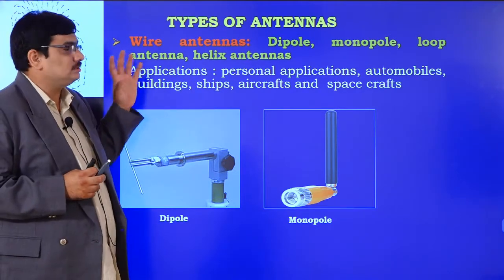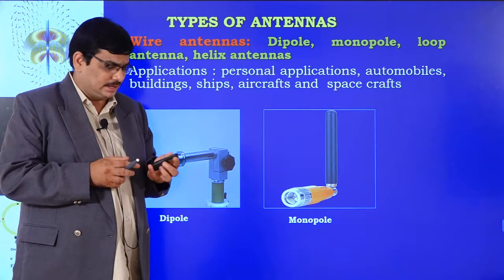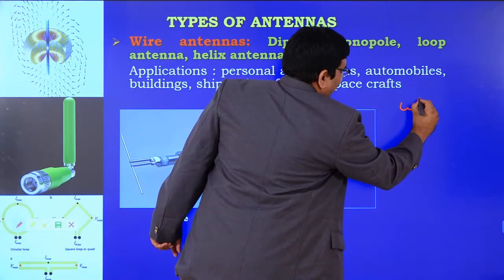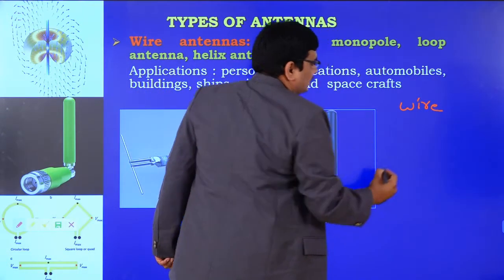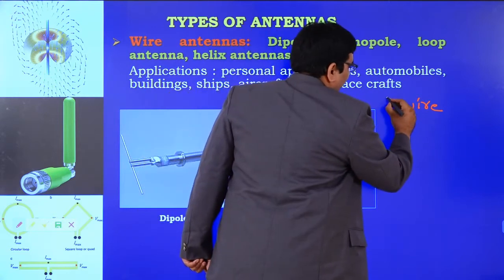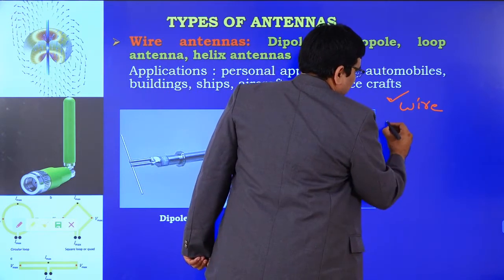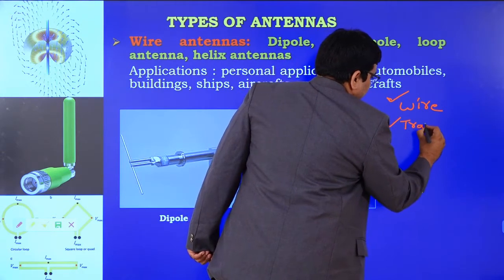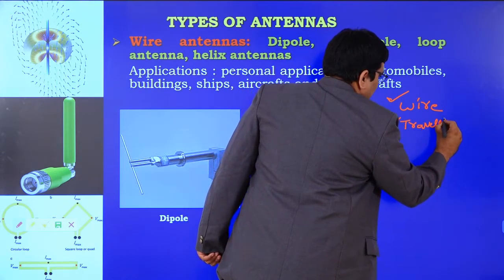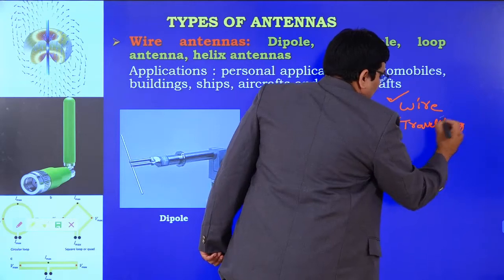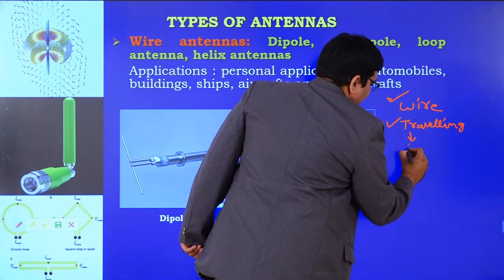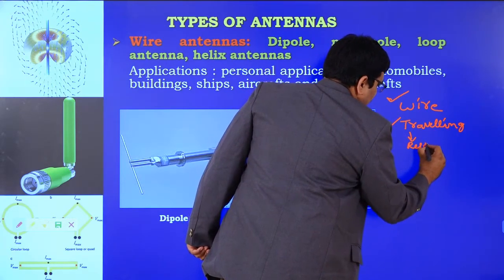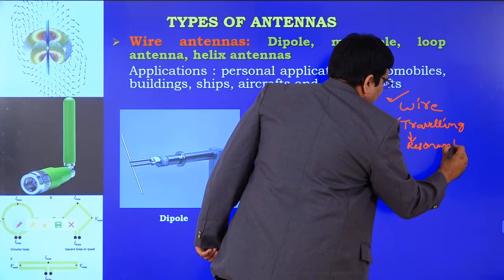So there are various types of antennas. Wire antennas, so commercially available antennas include wire antennas. Next, traveling wave antennas, which are also called resonant or non-resonant antennas.